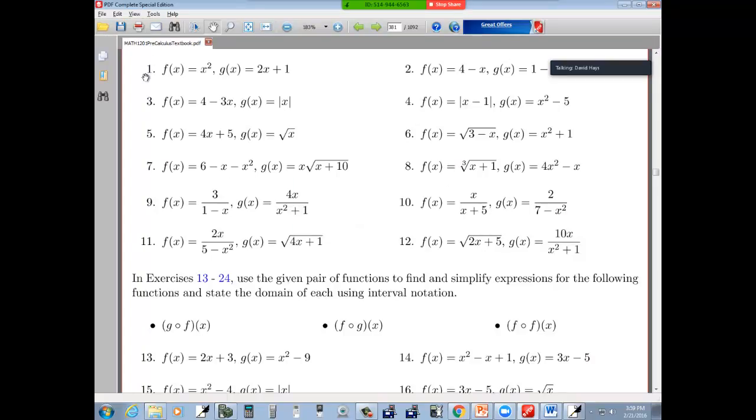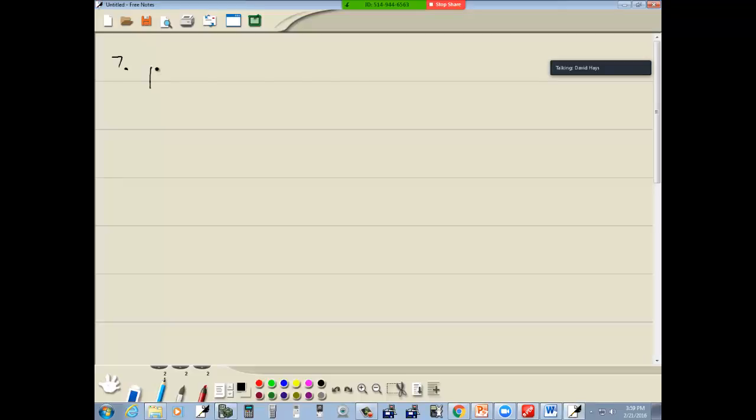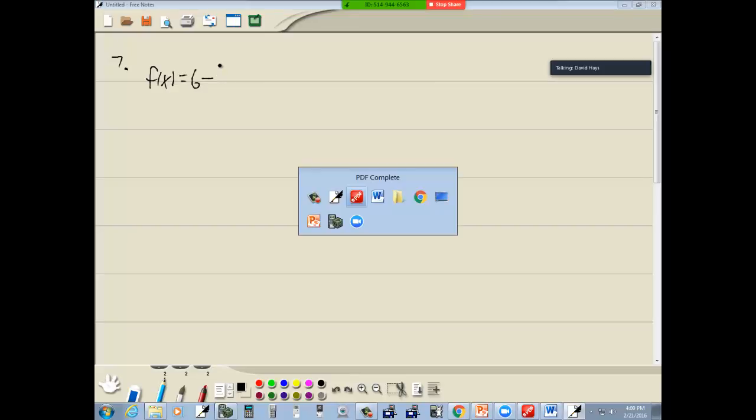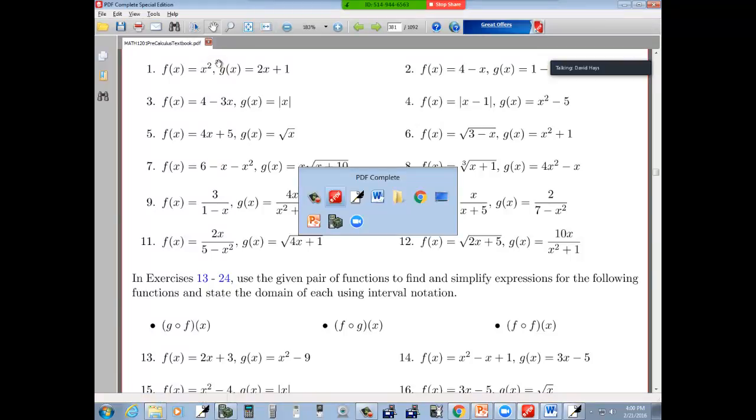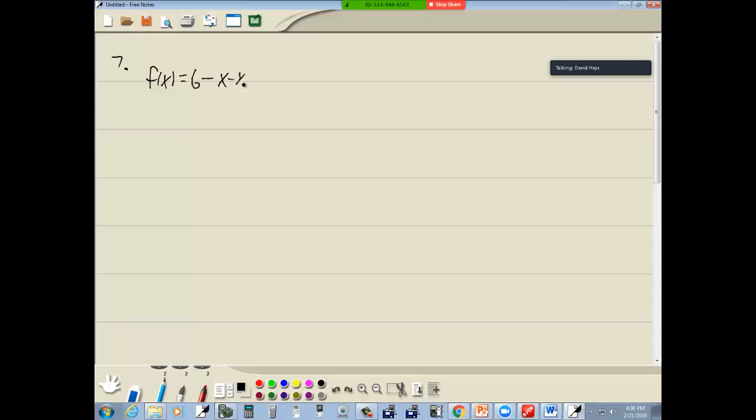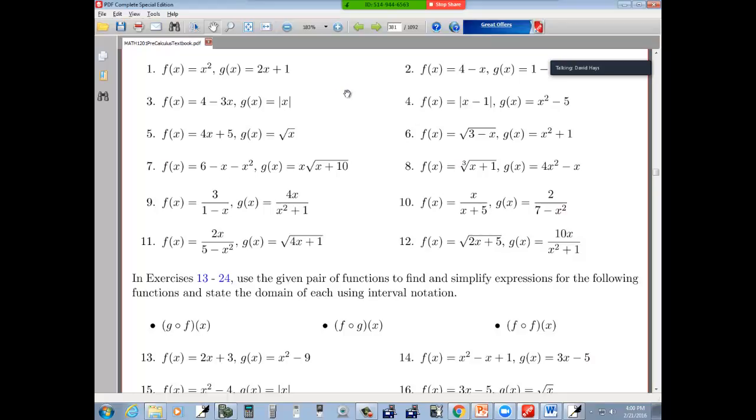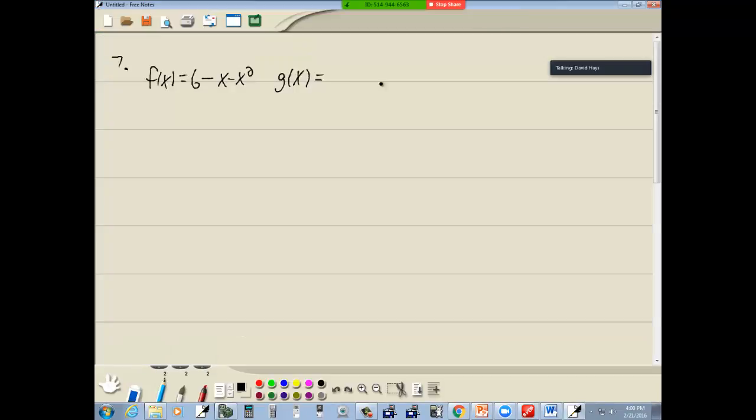So number 7 was f of x is equal to 6 minus x squared. And g of x is equal to x times the square root of x plus 10.